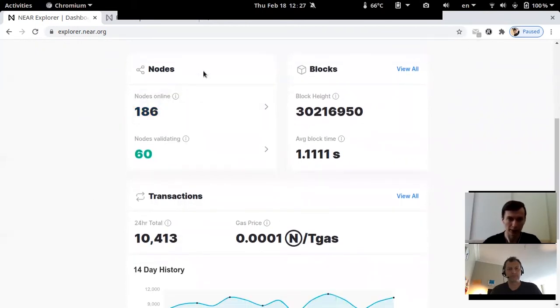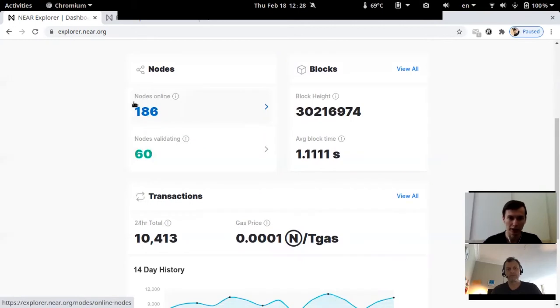Let's go one by one here. The nodes panel is essentially representing the health of the network itself. It's very important to have as many validating nodes as possible. They are ensuring the security of the data, and that's why it's great that we have so many of them right now.